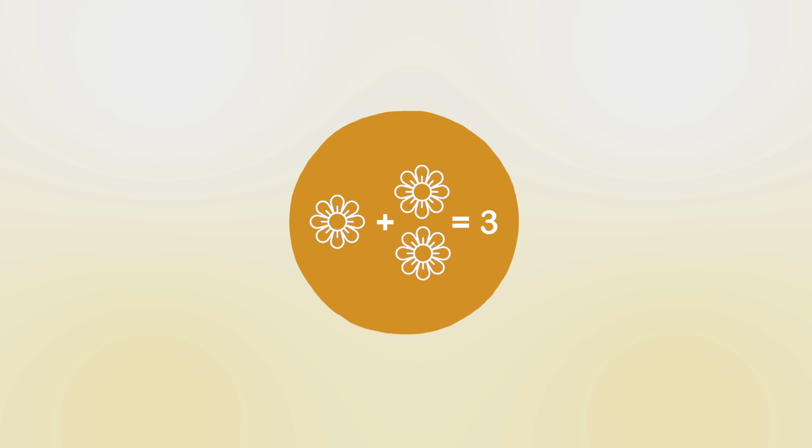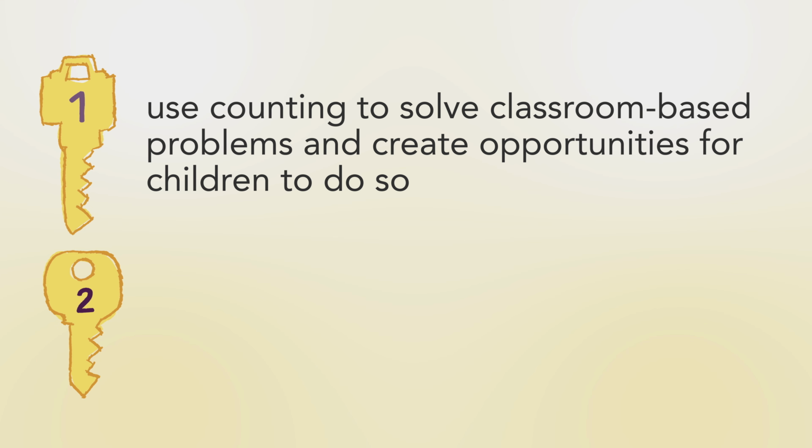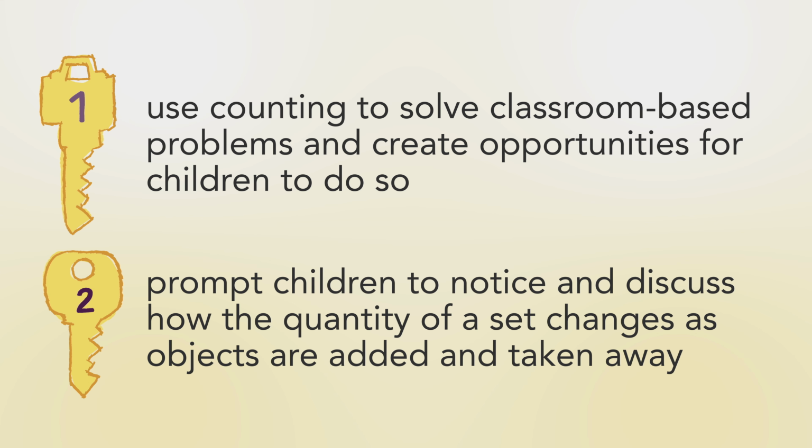The activities in this module will help you find many opportunities to implement the first 2 key instructional practices. Use counting to solve classroom-based problems and create opportunities for children to do so. And prompt children to notice and discuss how the quantity of a set changes as objects are added and taken away.